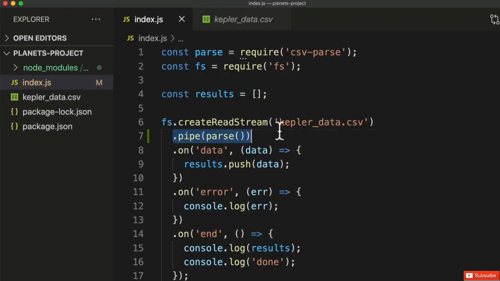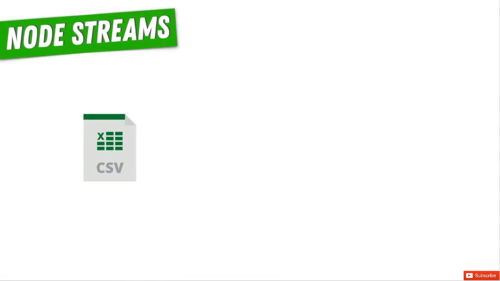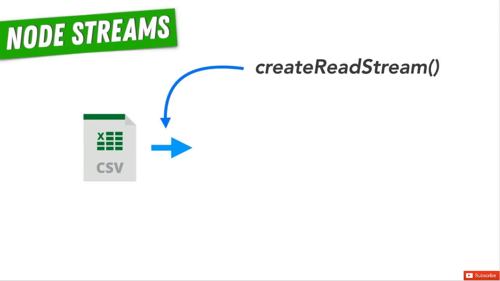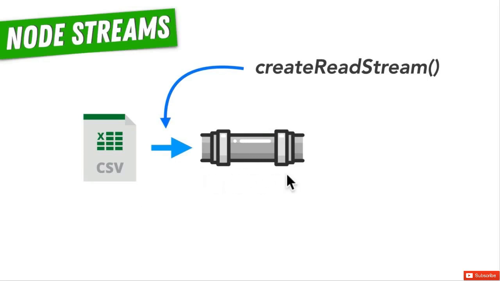What does this look like? We have our Kepler planets data CSV file, and we read that file as a stream by calling the createReadStream function and passing in the path to our CSV file. This stream here can then be piped to connect it to another stream, this time a stream that is taking in data and processing it somehow.